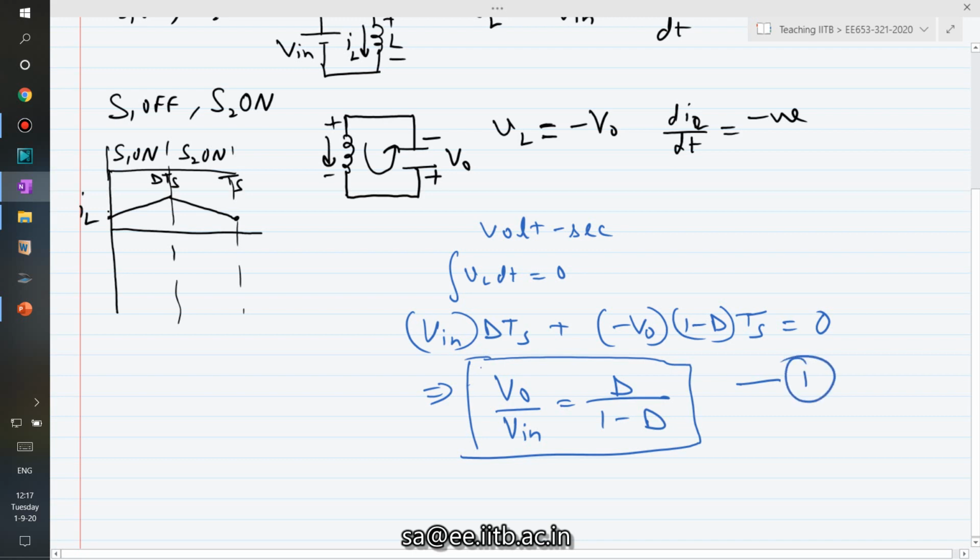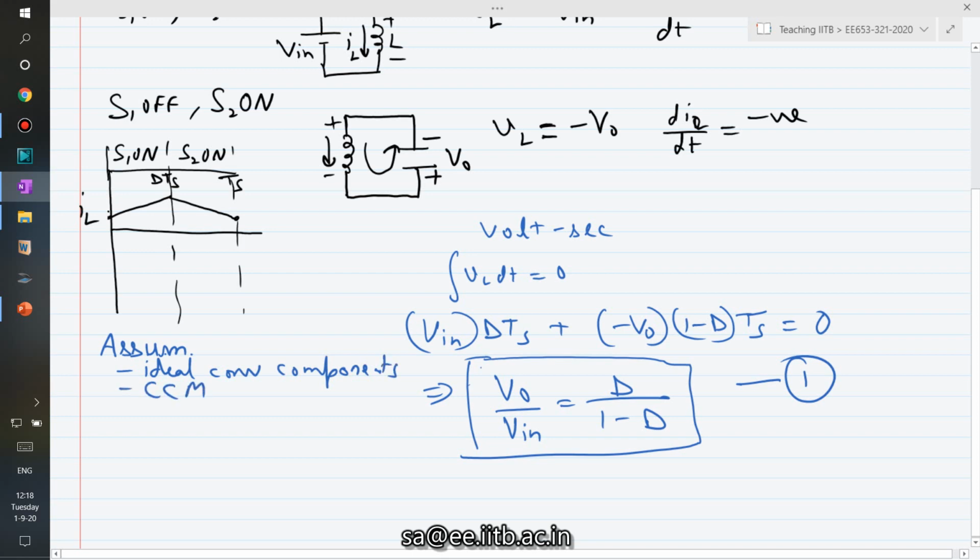Now, if you remember, in other converters also, there were a few assumptions. The same assumptions are taken here also. What are those assumptions? Ideal converter components. What else?